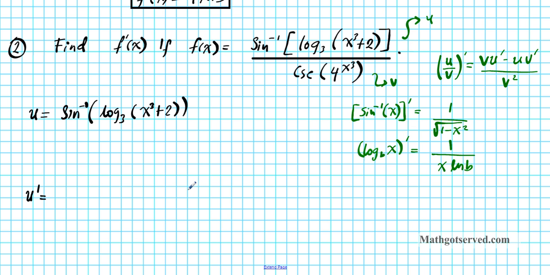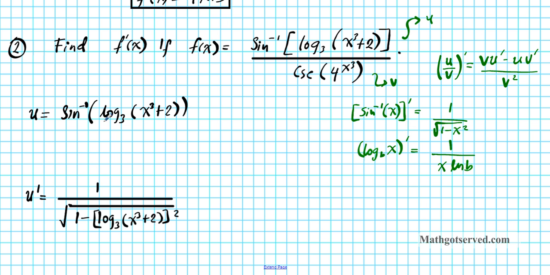We're going to have for u prime 1 divided by the square root of 1 minus u squared, so 1 minus (log base 3 of (x to the third plus 2)) squared. That's the derivative of the outer function.